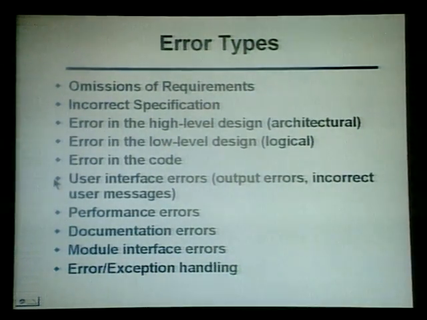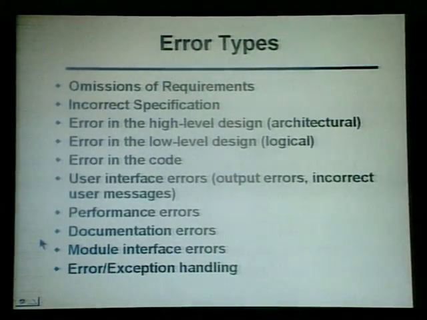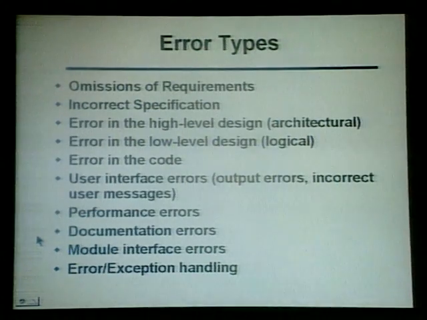Then user interface errors might also be there. That means you might be getting the wrong output or incorrect error messages. Then your system might not perform according to the specification. It might not exhibit the reliability and efficiency that is required by the user. Then there might be errors in the documentation you have prepared.